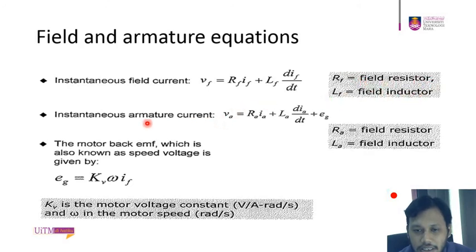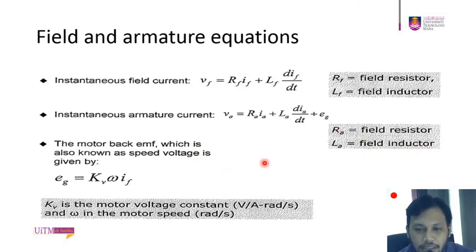Also for the instantaneous armature current, VA is the armature voltage, RA, IA, LA, in this equation. RA is the armature resistor and LA is the armature inductor.